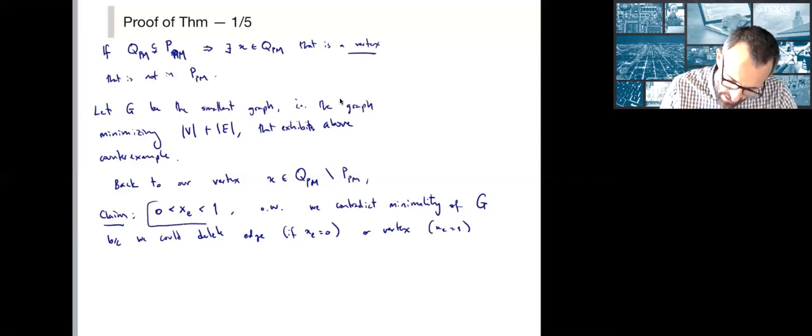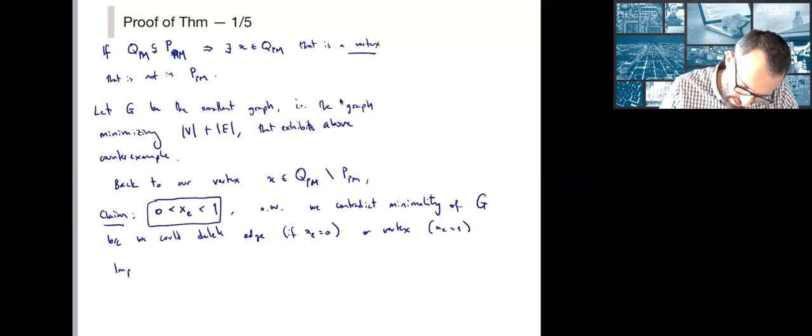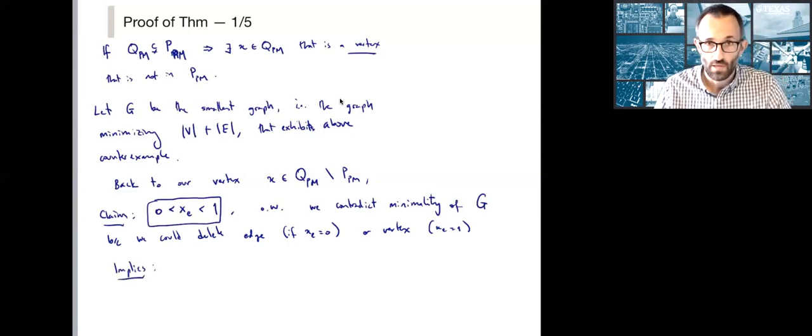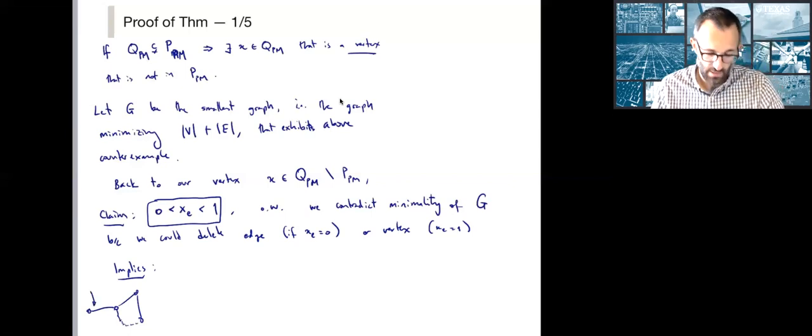If this is the case, then it means this can only happen in what kind of graph? How is it possible that we satisfy all the constraints, yet we also have every xe strictly between 0 and 1? One thing that cannot possibly happen is our graph could not look like this. I don't care about the triangle at this point. What I care about is this node that has degree 1. We cannot have degree 1 nodes.